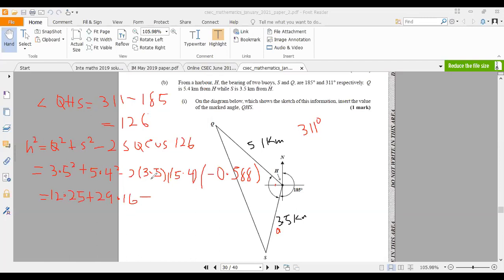Can somebody multiply everything here for me? 2 times 3.5 times 5.4 times negative 0.588. Multiply every single one of them.